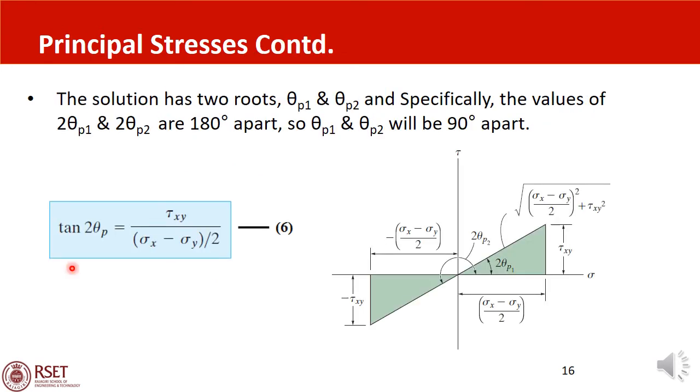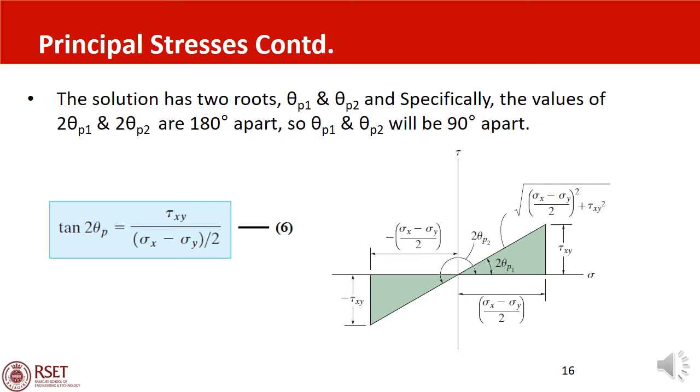The solution to equation 6 has two roots, namely theta p1 and theta p2. Specifically, the values of 2 theta p1 and 2 theta p2 are 180 degrees apart, so theta p1 and theta p2 will be 90 degrees apart.